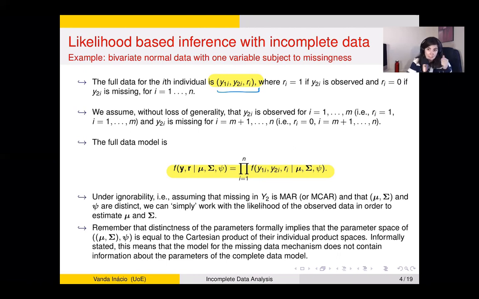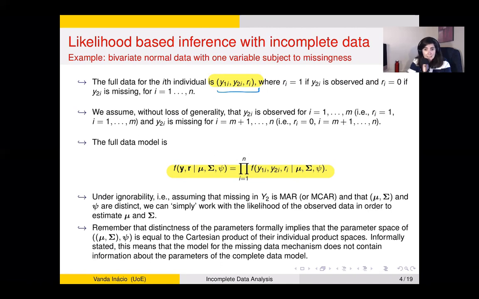And so, as we have seen in the last lecture, when we have the product of the missing data mechanism and the likelihood of the observed data, if the parameters are distinct, then when I'm maximizing with respect to the parameters of the likelihood of the observed data, the model for the missing data mechanism acts as a constant. So I do not need to care about it. I can just maximize the likelihood of the observed data.